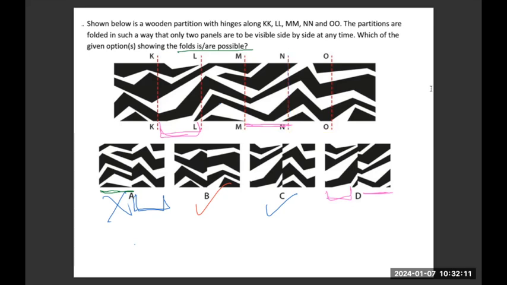So there is a plate in between. One plate is placed in between, which means this is not a possible combination. So D is not possible. So the correct answer is B and C. Any doubts, any questions? Okay, move to the next one.